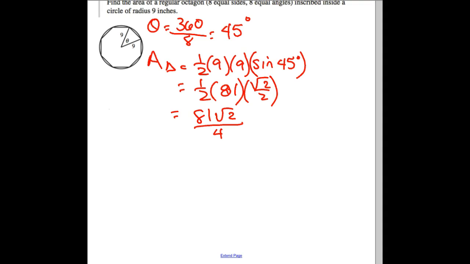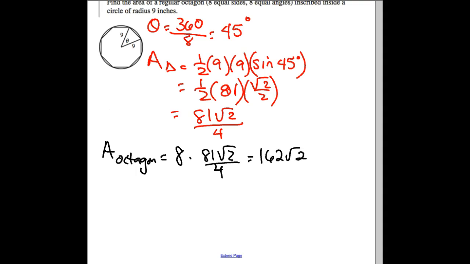So now to find the area of the whole octagon, we just need 8 of those. So 8 times 81 root 2 divided by 4. What can we do with the 8 and the 4? It just reduces to 2. So 2 times 81 would be 162 root 2. Now that would be the exact answer.